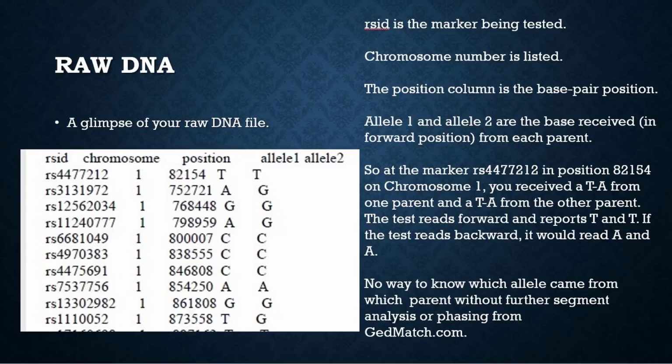Now, how many of you have tried GEDMATCH's phasing? Has anyone tried that? Okay, just a few people. What phasing does, and I think it's a real good place to show it here visually, is compare your test with either one of your parents or both of your parents or children.